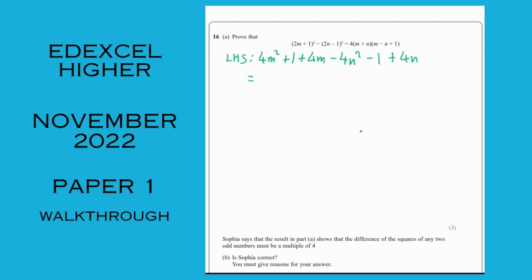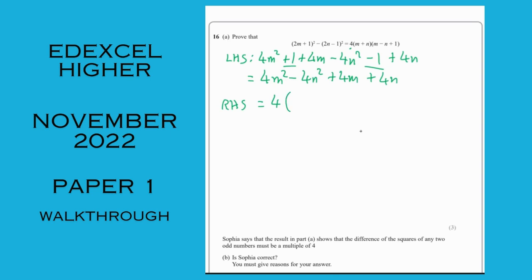If we tidy that up, I always put the squares first, and you will see you could easily take a 4 out if you wanted to, but I do that on the next stage. So we've got positive 4m and positive 4n, because as you can see, the ones have different signs, they cancel.